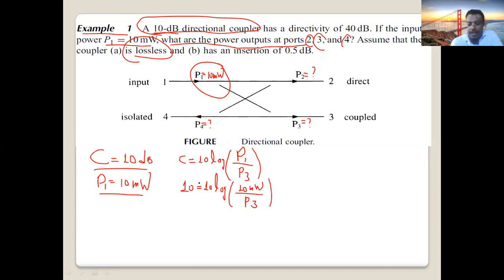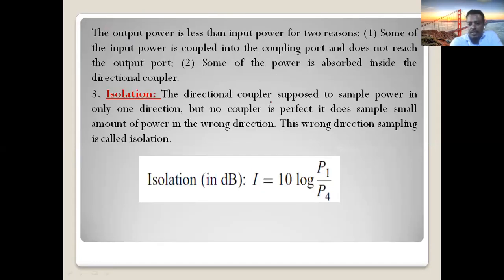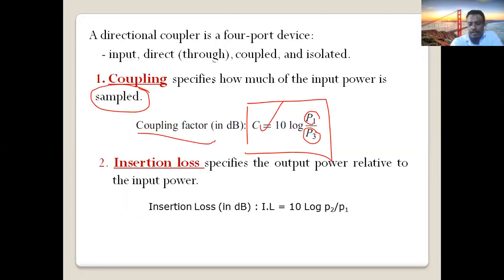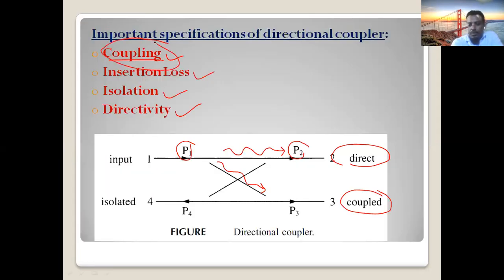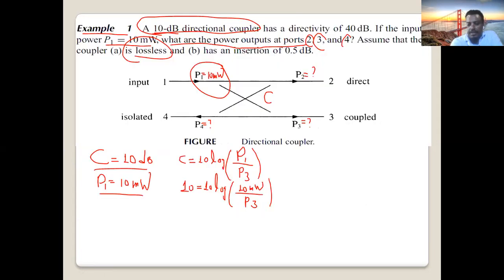So you see here how much C determines how much P3. Coupling is the first specification of a coupler, right? Coupling determines how much power goes to port 3 from P1.